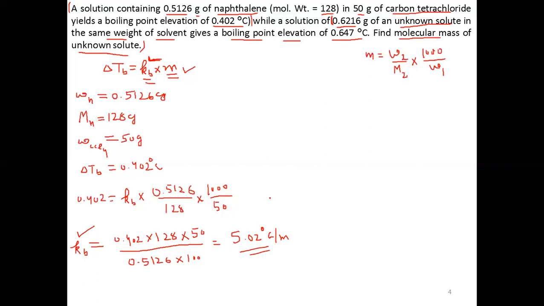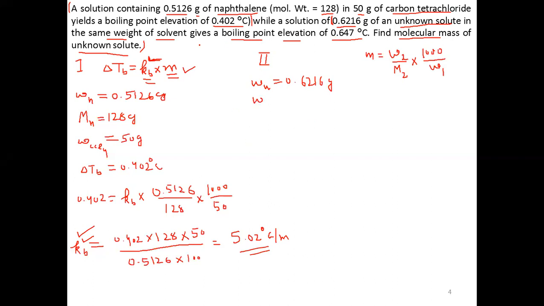Now we will again apply this relation to the second part of the numerical, whose molecular weight we have to find. Let us apply here, delta TB for the second part. This was the first part of the numerical with the help of which we calculated Kb. Now the second part of the numerical says W of unknown solute, Wu, is 0.6216 gram, and the weight of solute is the same.